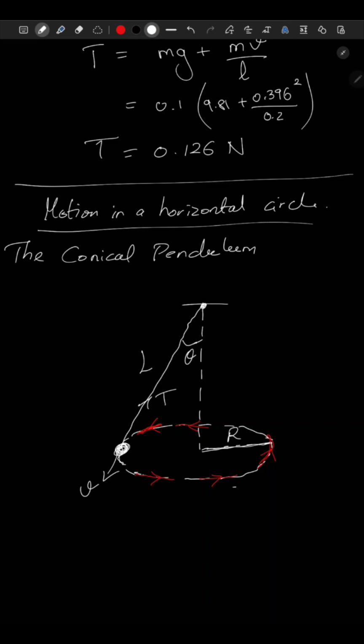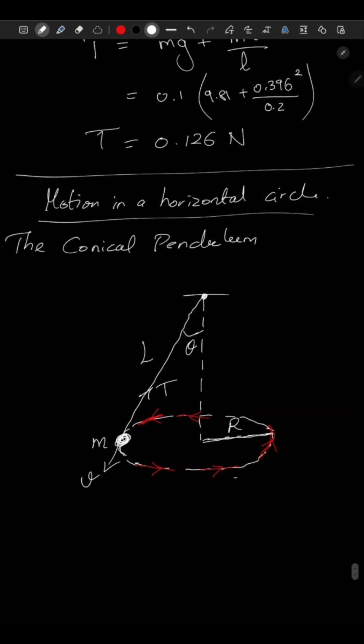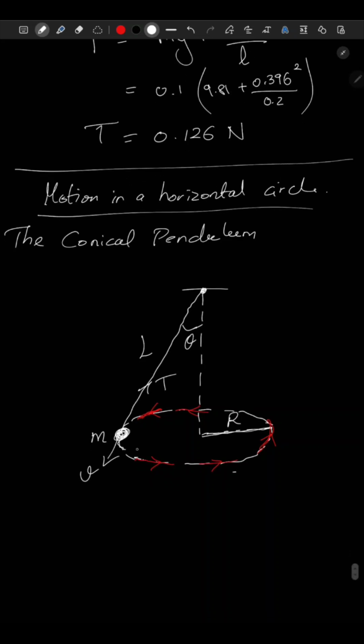The object is of mass m, and it's traveling along this horizontal circle at a velocity v, which is constant all along the circle.